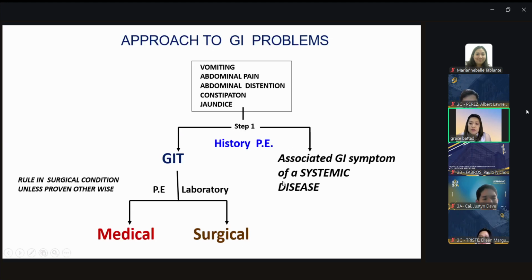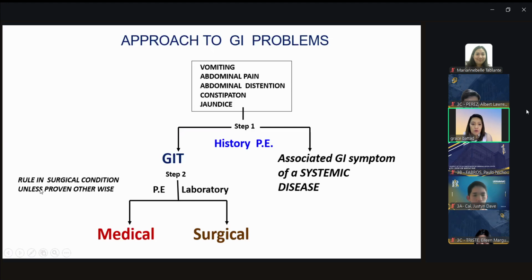Step one, try to rule out if it is a general systemic problem, like typhoid fever with GI symptoms, or lupus with GI symptoms. Then if you have ruled out a systemic problem and assessed that it is a primary GI problem, you go to the next step to check whether it is a medical abdominal problem or a surgical abdominal problem, because often the profile might be overlapping.